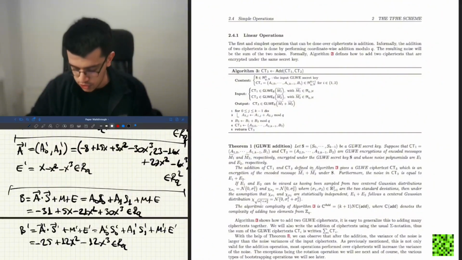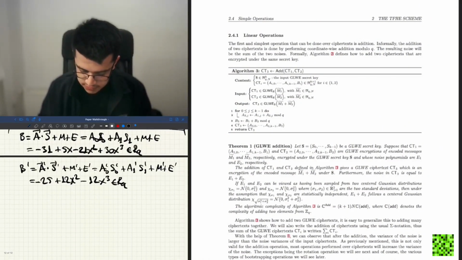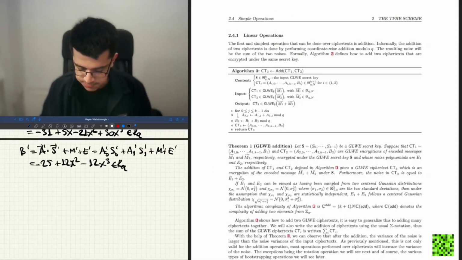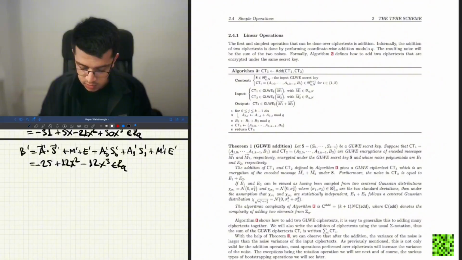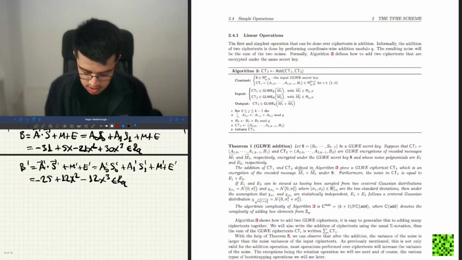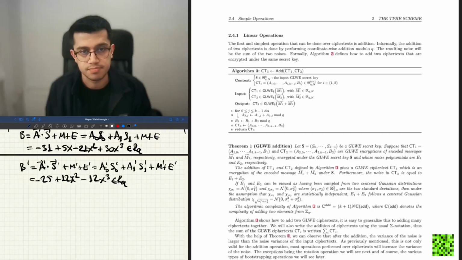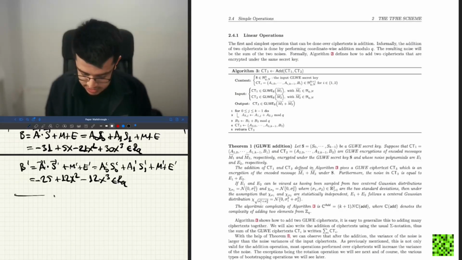Okay, so now the next step is to perform the homomorphic addition, right? And that was simply adding the corresponding entries one by one. So let's calculate the entries one by one.